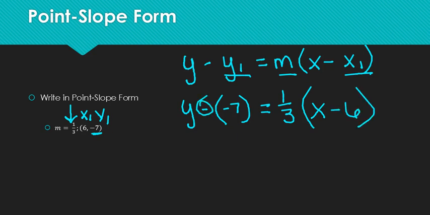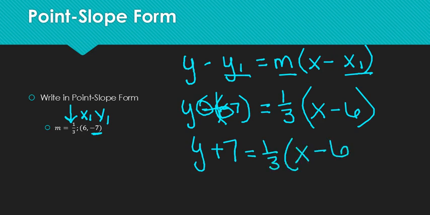A minus a negative is going to make it become a positive, so y plus 7 equals 1/3 times x minus 6. And now we are in point-slope form. And that's it. From there, typically we would manipulate it to be slope-intercept form.